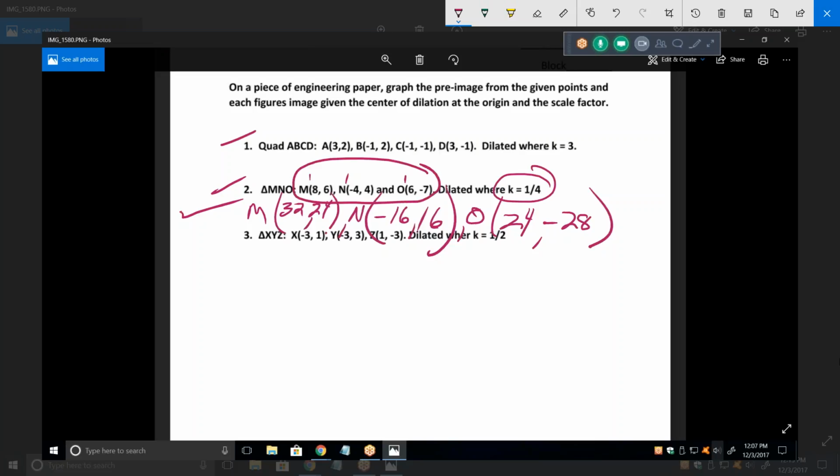So that's why I like labeling these M prime, N prime, and O prime. It's because these are the dilated ones. To get back to the original ones, we got to reverse it. So instead of multiplying by 1/4, we divide everything by 1/4.